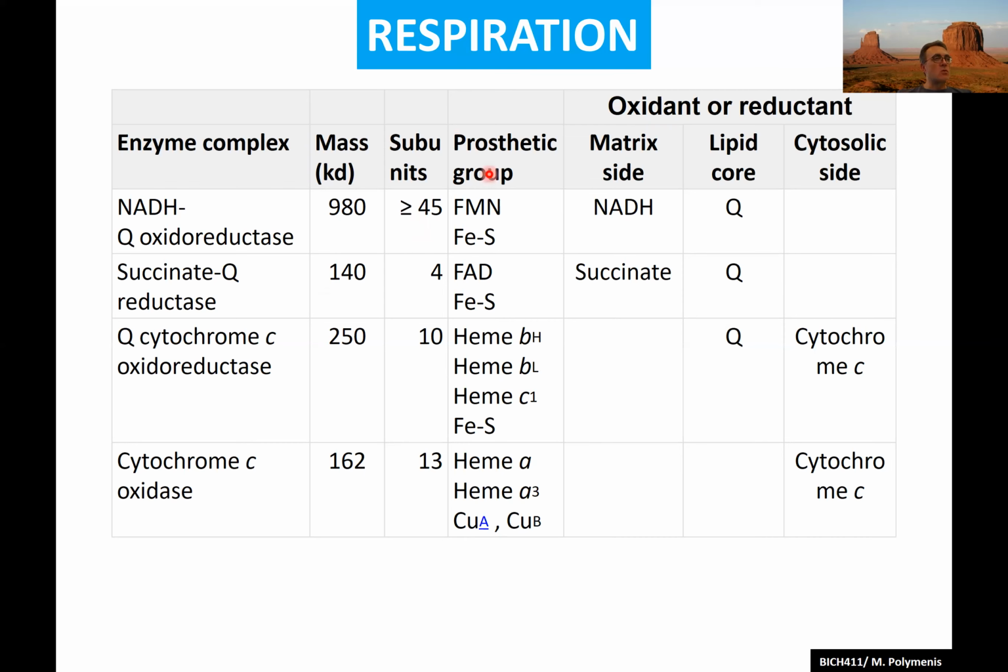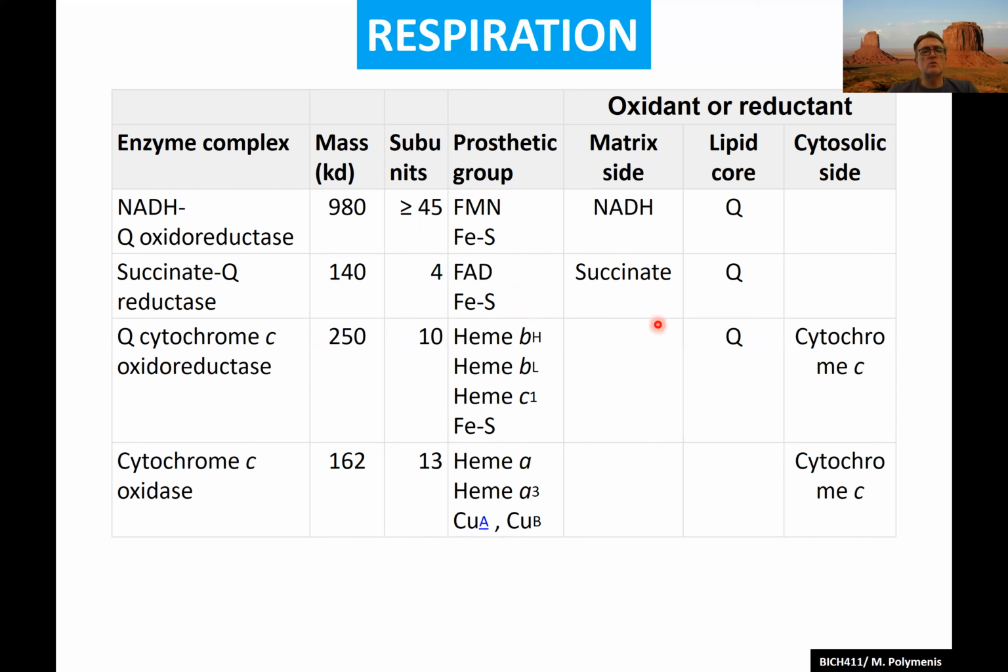And the prosthetic groups, the ones that we were talking about earlier, where actually the electrons are found, we have flavin proteins in complex 1, some more flavin proteins in complex 2, and iron sulfur clusters. Then we have the hemes, and then we have more hemes in complex 4, and copper obviously is, as I said, unique to complex 4.